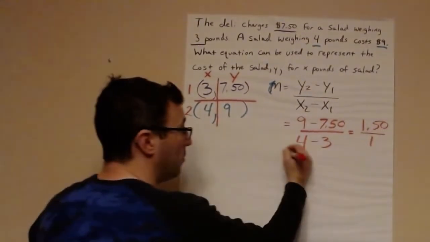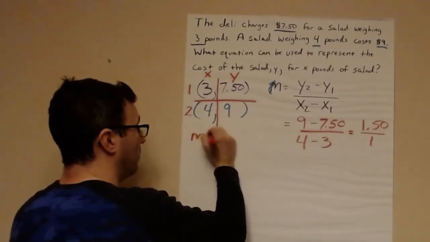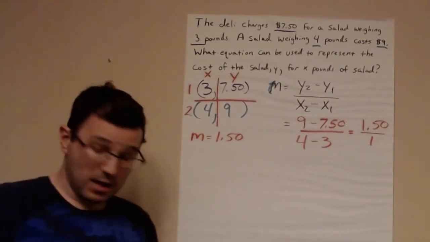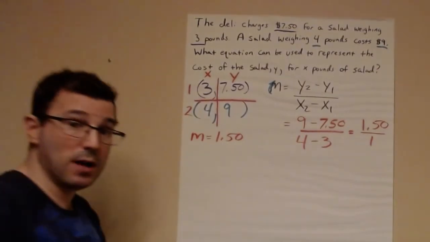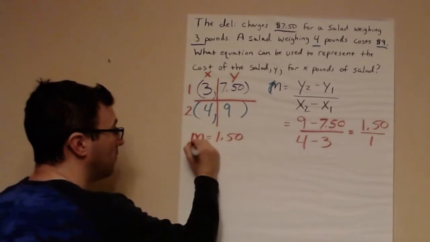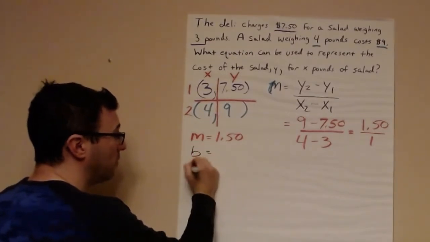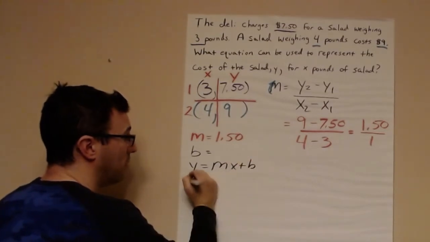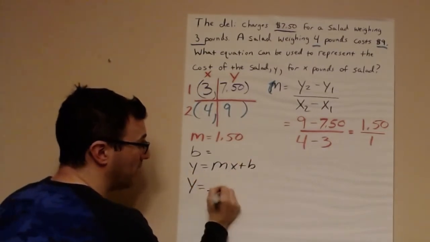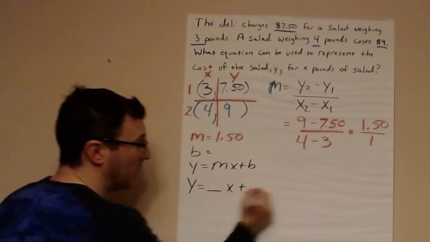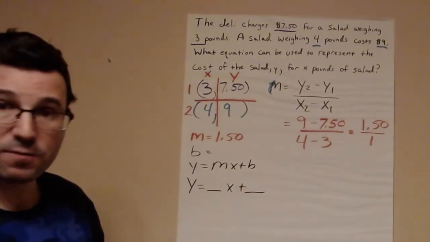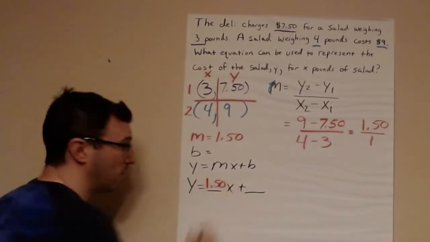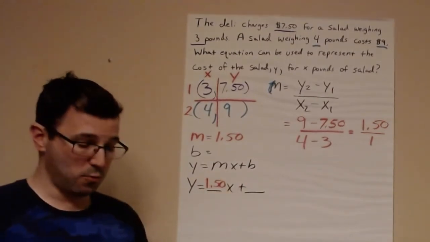So our slope is 1.50. And I didn't write it already, but y equals mx plus b, y equals blank x plus blank, and I'll just fill in 1.50 in front of the x since we know our slope.